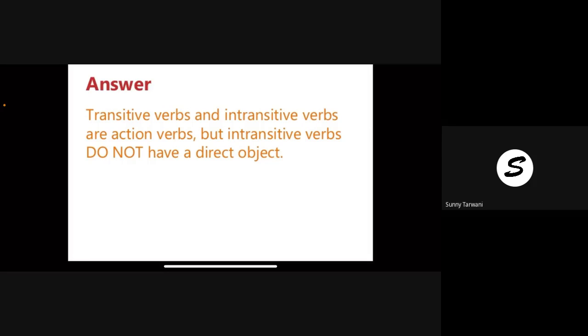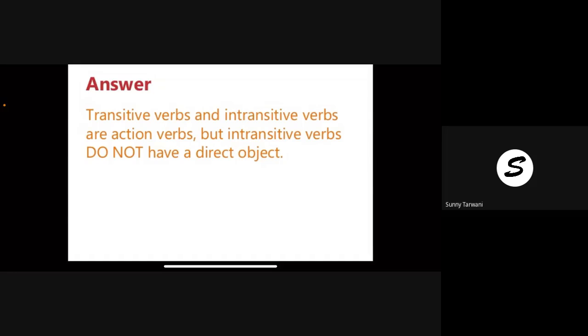Now what is object? We are not talking about science. We are not talking about any object. But in grammar, what is an object? I think you have learned about subject, verb, and object. SVO in short. That is how a sentence is made. So I will give you a sentence.